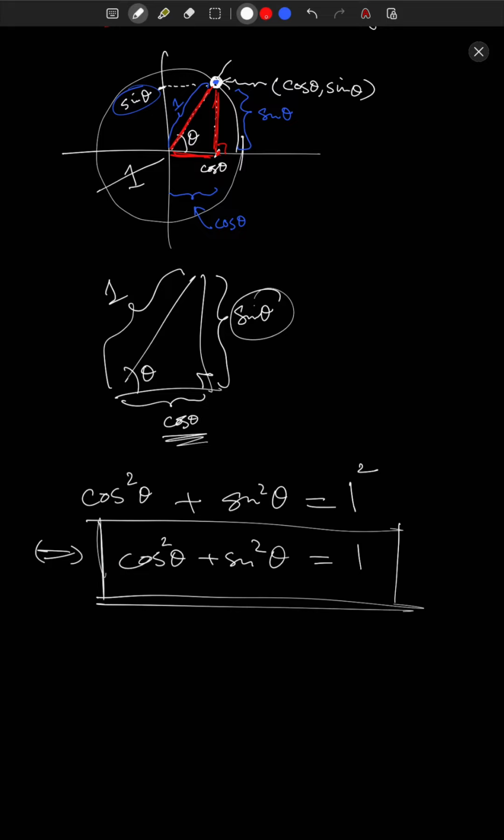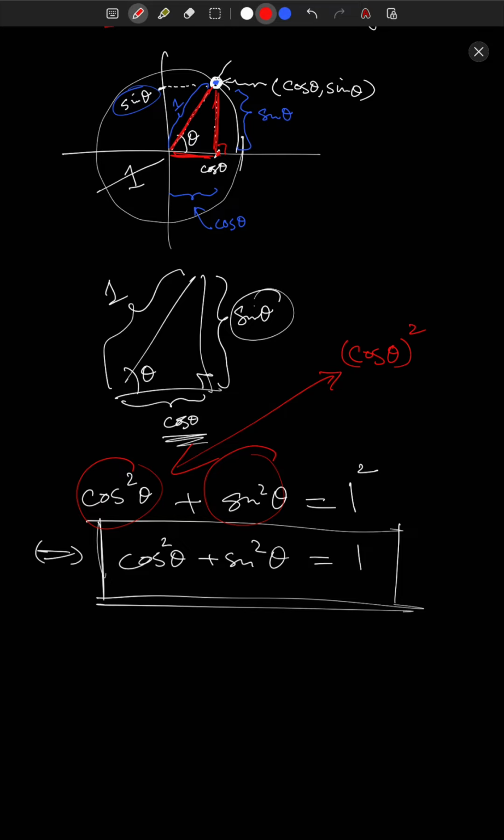By the way, these two notations look a little weird. They just mean the square of sine and the square of cosine. So this cos with a power 2 on theta is the same as cosine theta whole thing squared. And this sine squared is sine theta whole thing squared. It's just alternate notation.